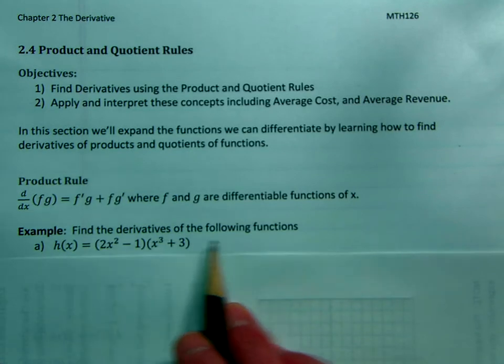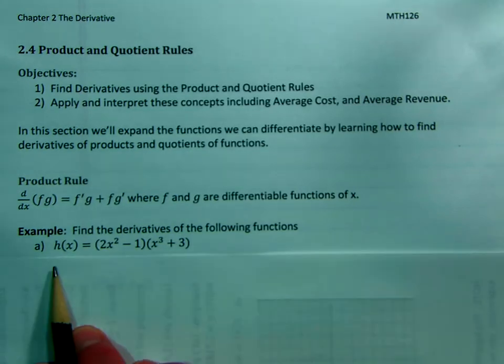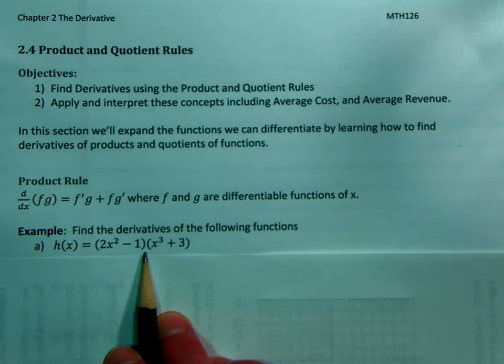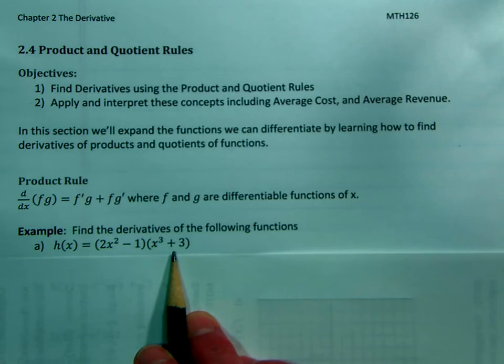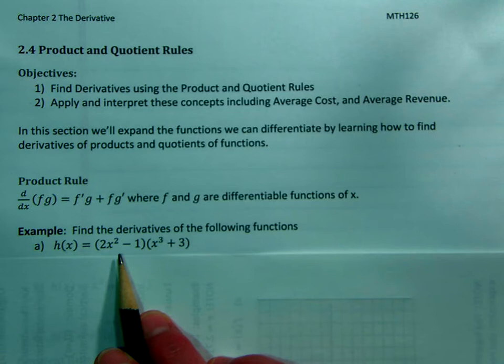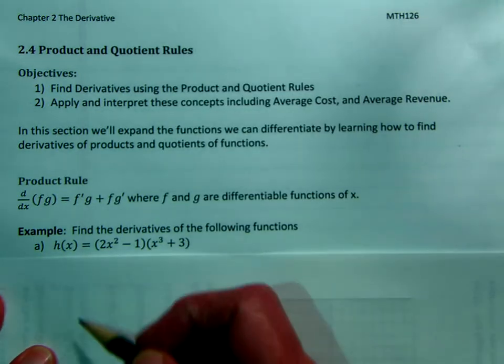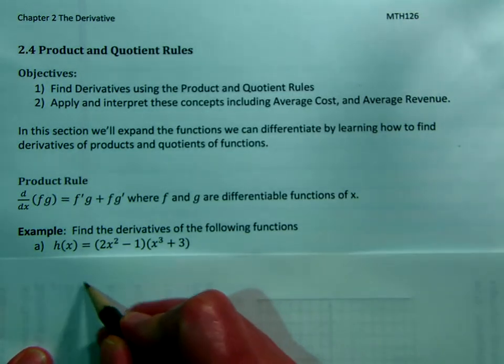Find the derivatives of the following functions. h of x is 2x squared minus 1 times x cubed plus 3. Now, we can go ahead and multiply these quantities out and then find the derivative. Let's just do that so we can see what we get.